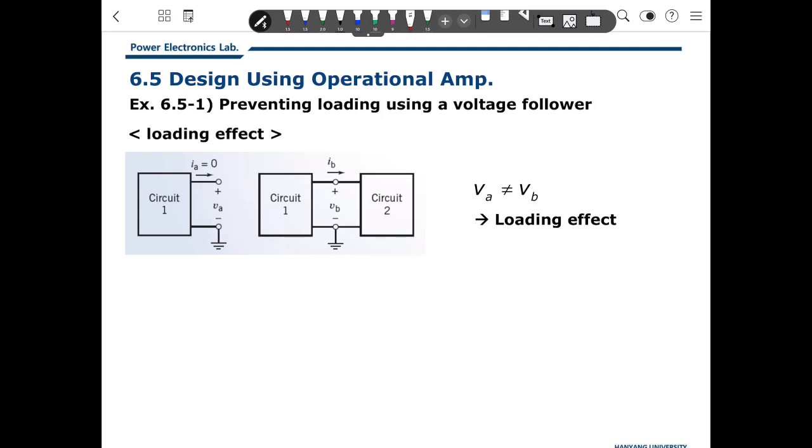So we have several examples of using the op-amp to implement some mathematical operations. So this is a kind of basic block for operators, for example, inverter and amplifier and adder or other things.